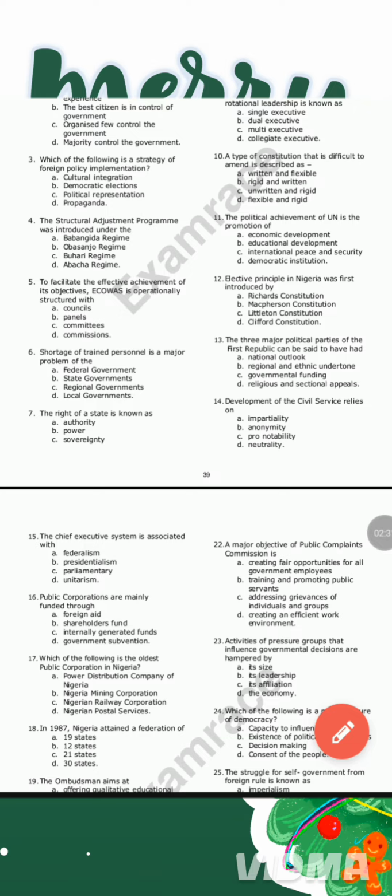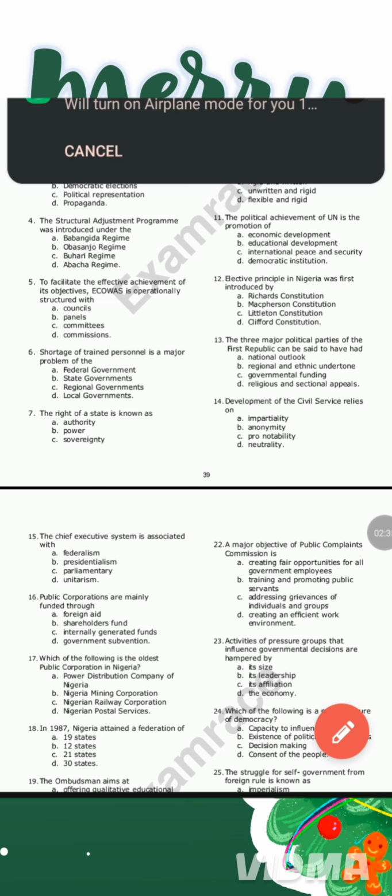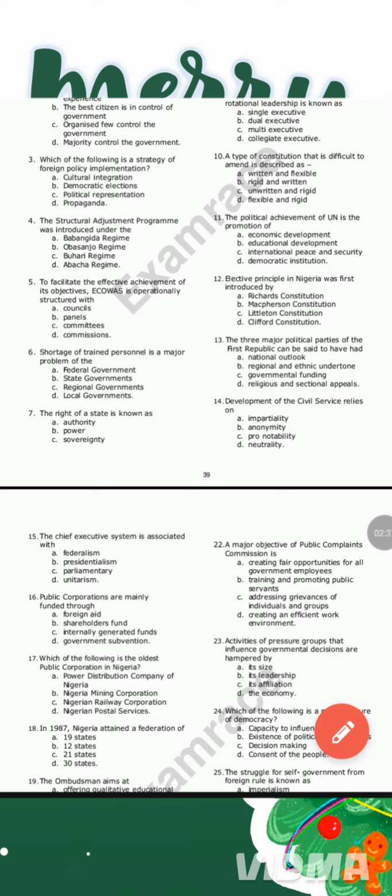Now, the elective principle was actually part of the demands of a body that was called the NCBWA, which stands for National Congress of British West Africa, of which it revolved around Nigeria and Ghana.